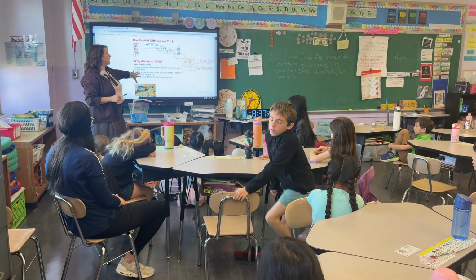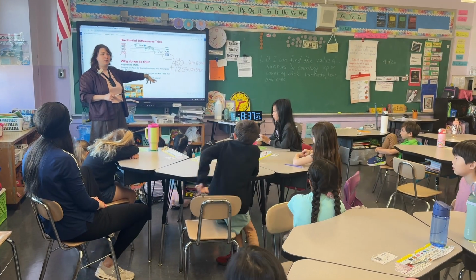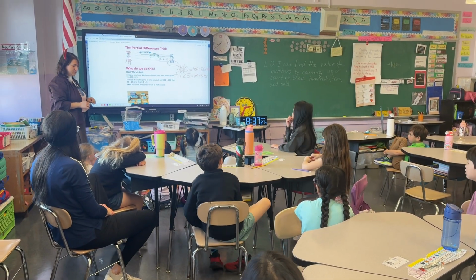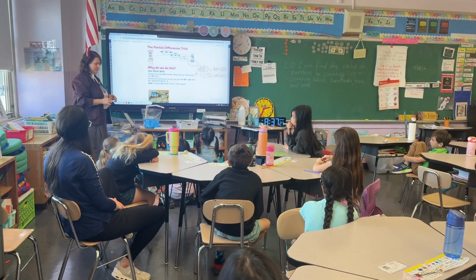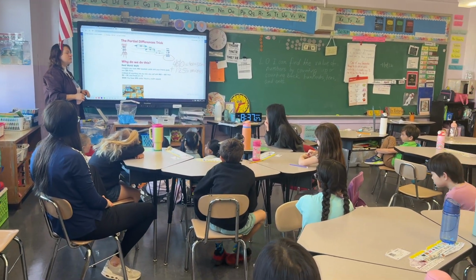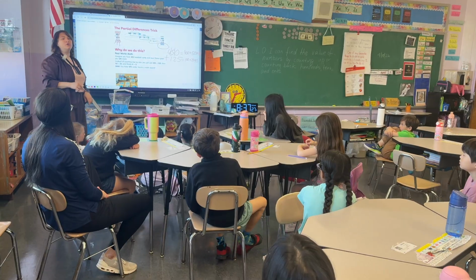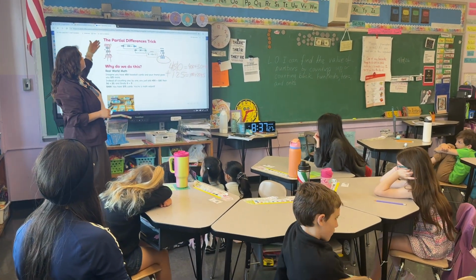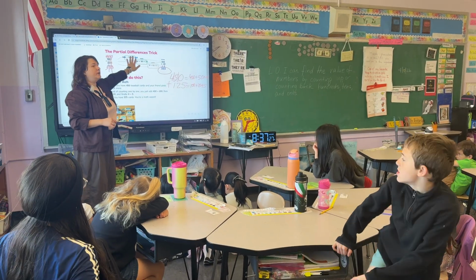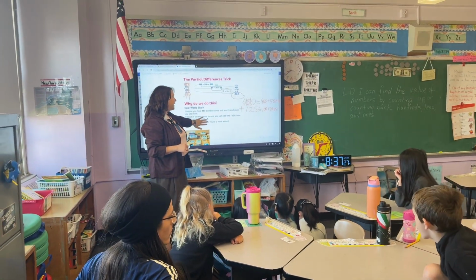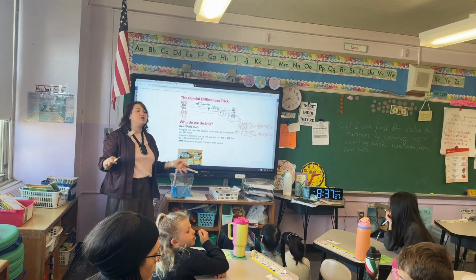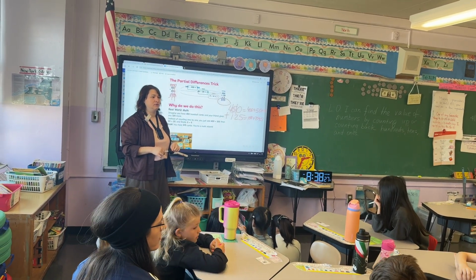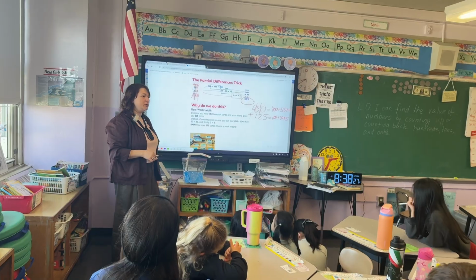If we do addition, what do we start with? Yes. So you see, we catch the mistake. When we do subtraction, we start with the hundreds. But right here, they did addition. So what were they supposed to do? Lily? They're supposed to start with the ones.